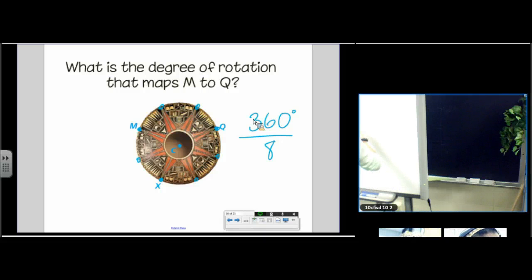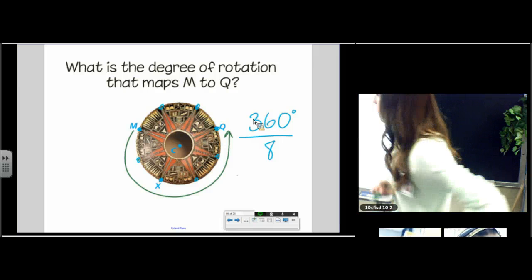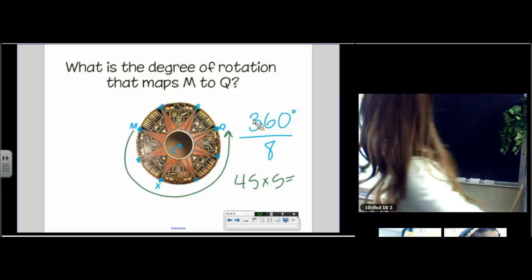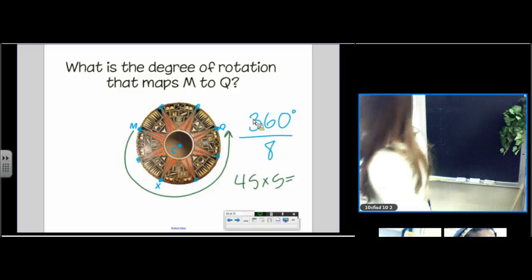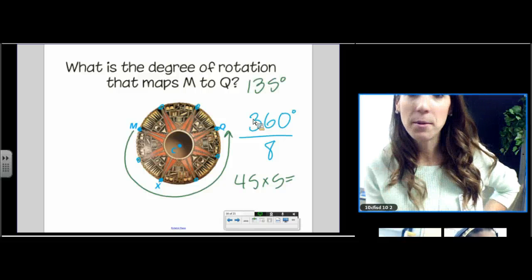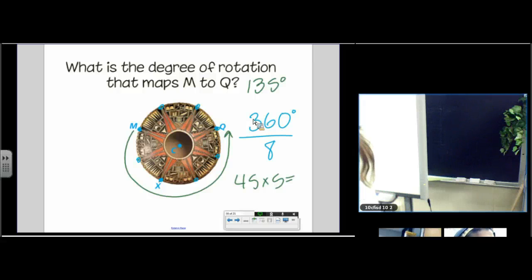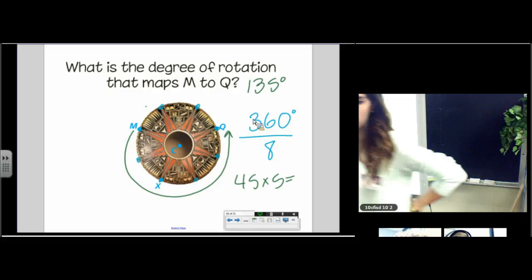So if we're going to go counterclockwise, that would be 45 times 1, 2, 3, 4, 5. 45 times 5. How many degrees? 135? But it actually didn't tell us which way to go, so let's answer it with the clockwise answer as well. If we went clockwise, we'd do 45 times 1, 2, 3. 45 times 3.